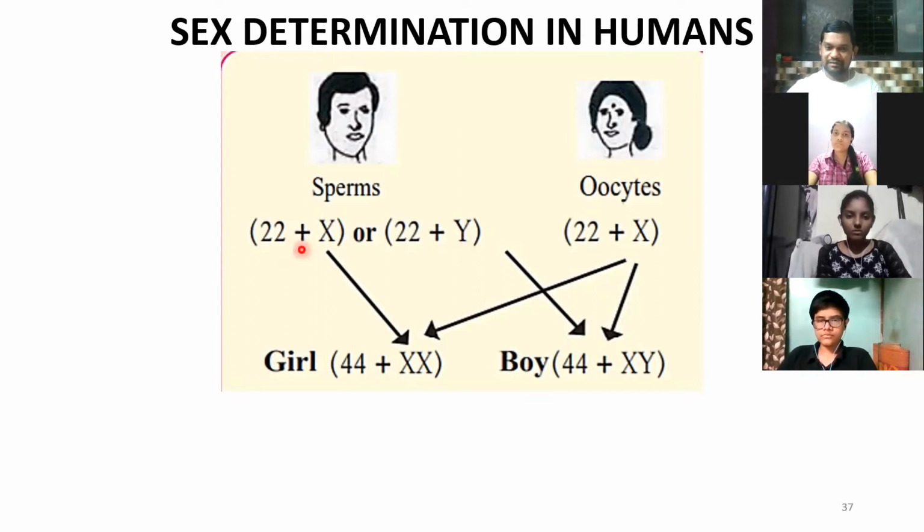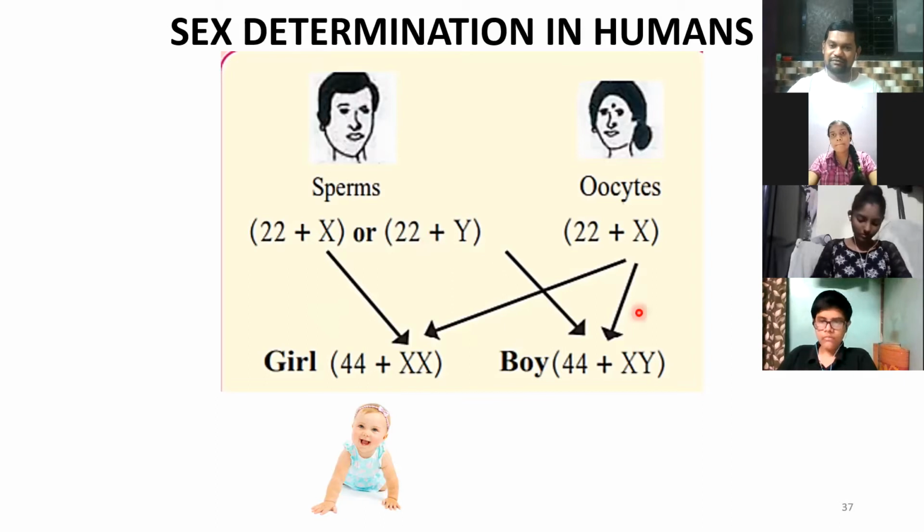So if a gynosperm enters successfully and fuses with the ovum, it is 22 plus 22 giving you 44, and X plus X giving you XX. So if the gynosperm fertilized successfully, the child which will be born will be a girl child. Similarly, if an androsperm, the sperm containing the Y chromosome, successfully fertilizes the ovum, then it is 44 plus XY. That means a boy child is born.